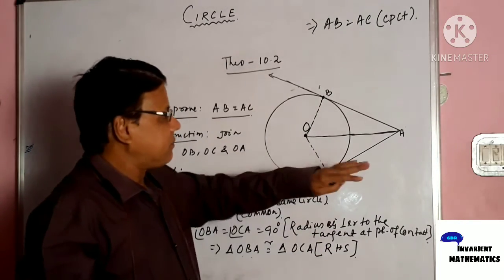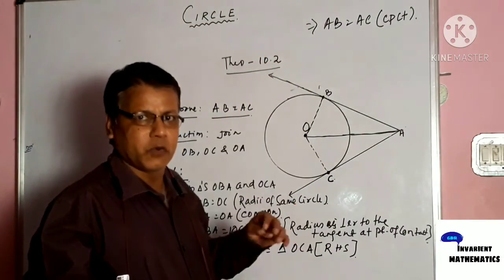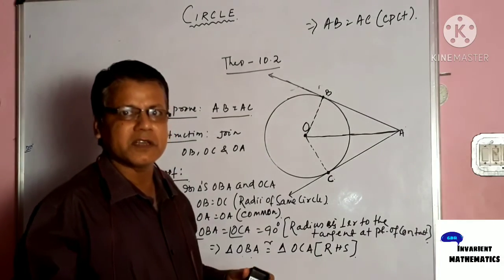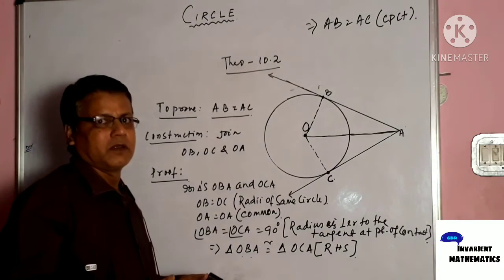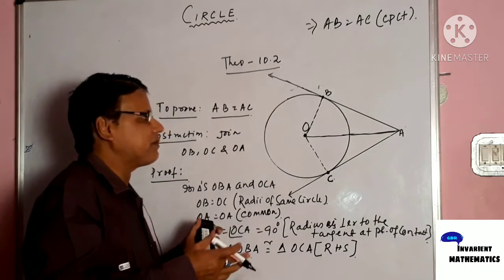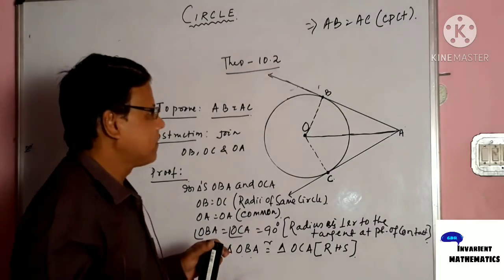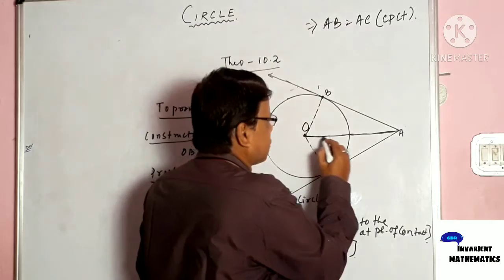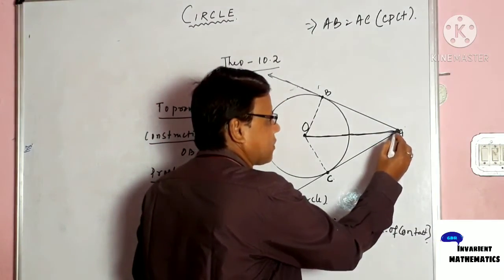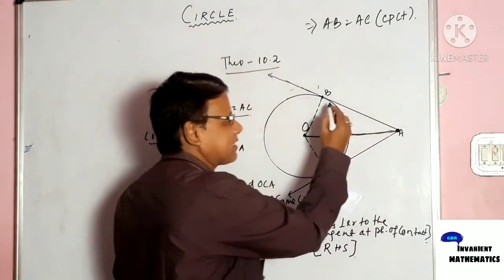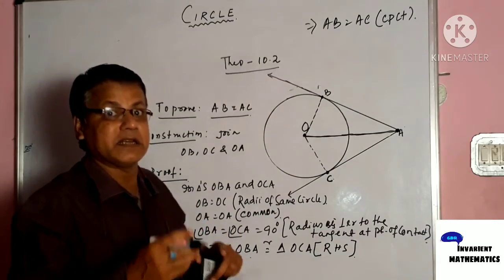Now, this is the theorem given, but what is a corollary? A corollary means a rule which is extracted from the theorem. We can draw corollaries from the theorem. So here you can also say that the line joining the center with the point from where the tangents are drawn bisects the angle between the tangents.